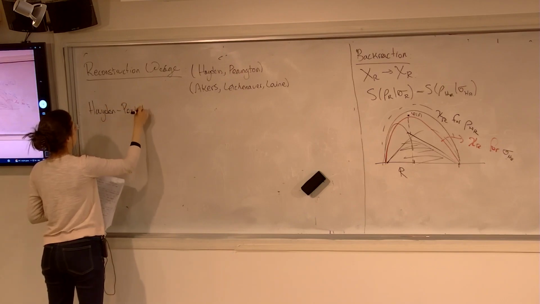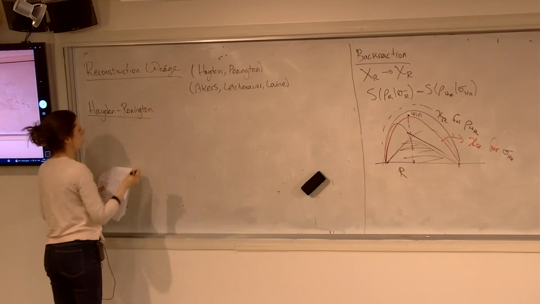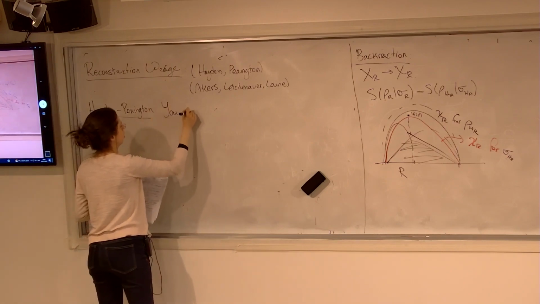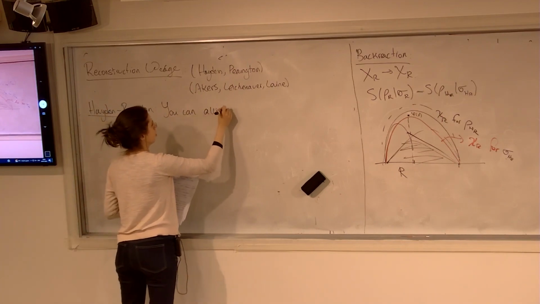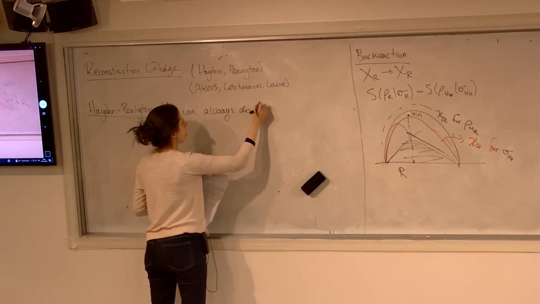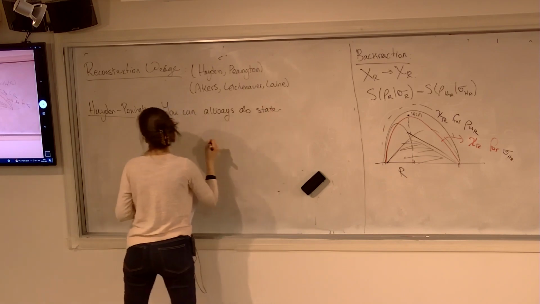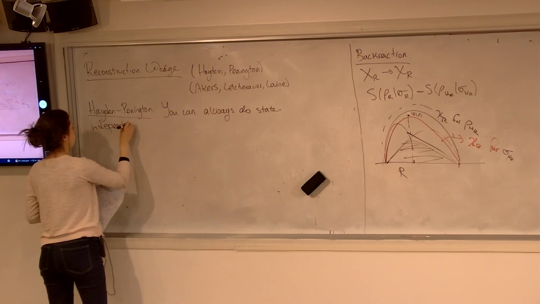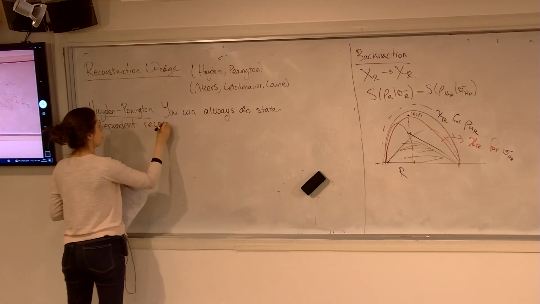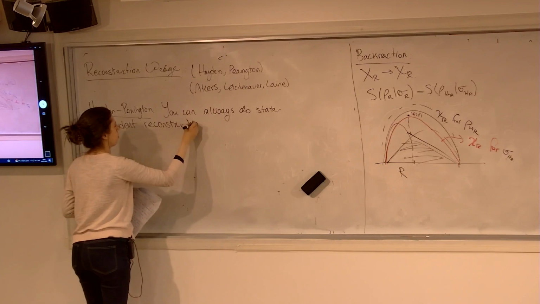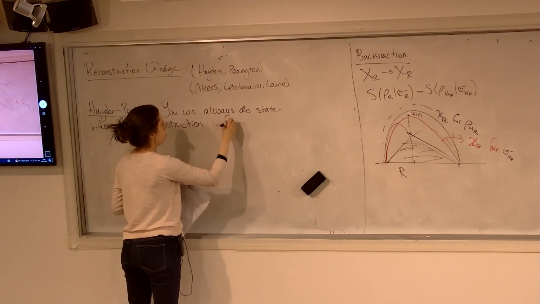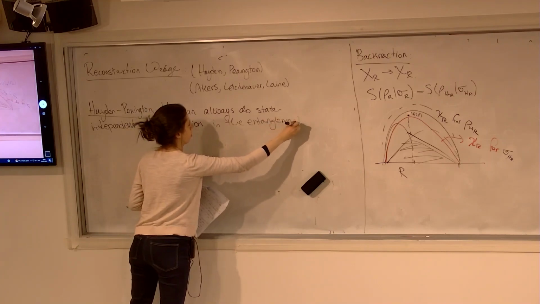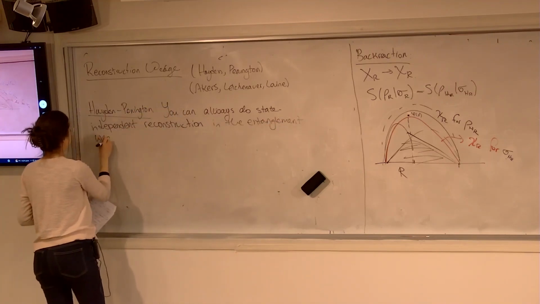in a very beautiful paper called The Alphabets of Black Holes, said that you can always do state-independent reconstruction in the entanglement wedge of the maximally mixed state of your code subspace.